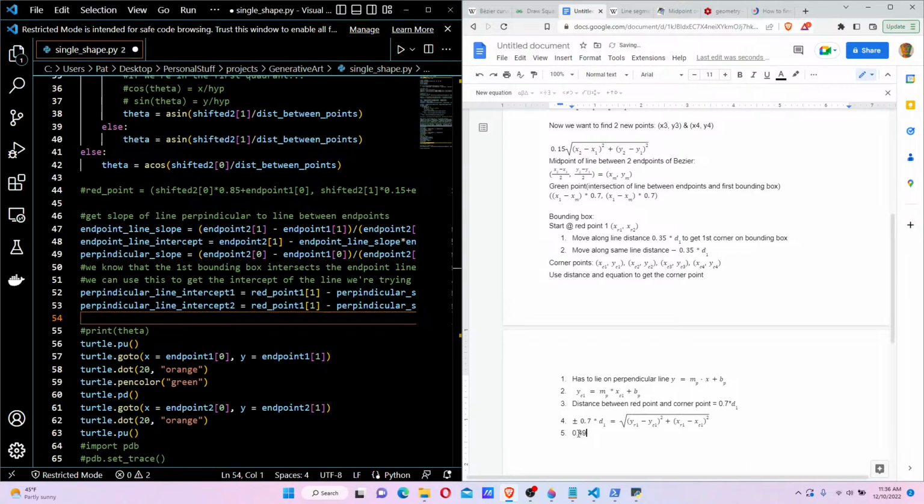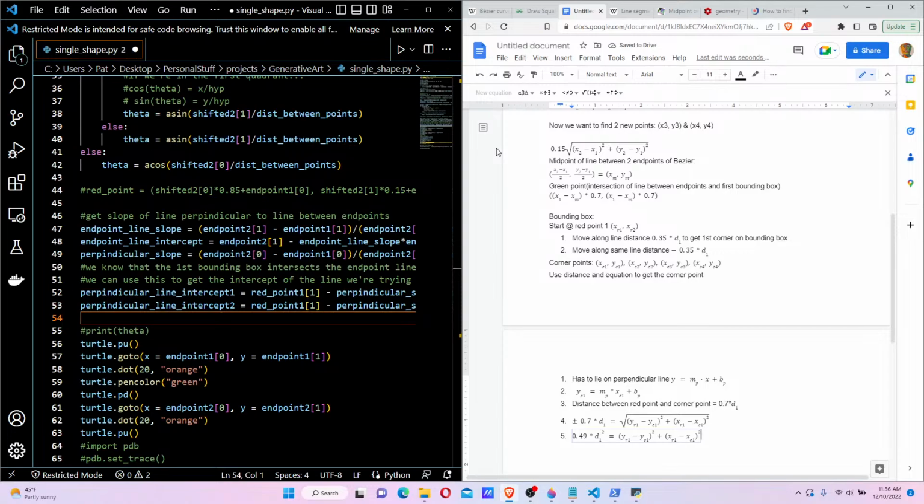So 0.49 times, put it in a new equation, 0.49 times d1 squared is equal to y sub r1 minus y sub c1 squared plus x sub r1 minus x sub c1 squared.